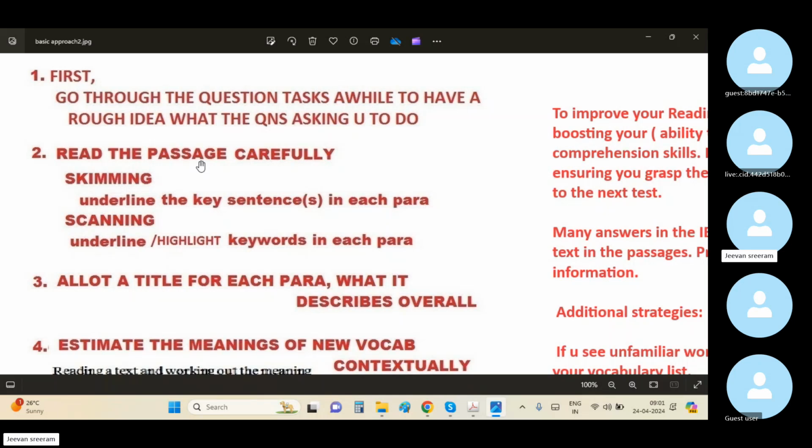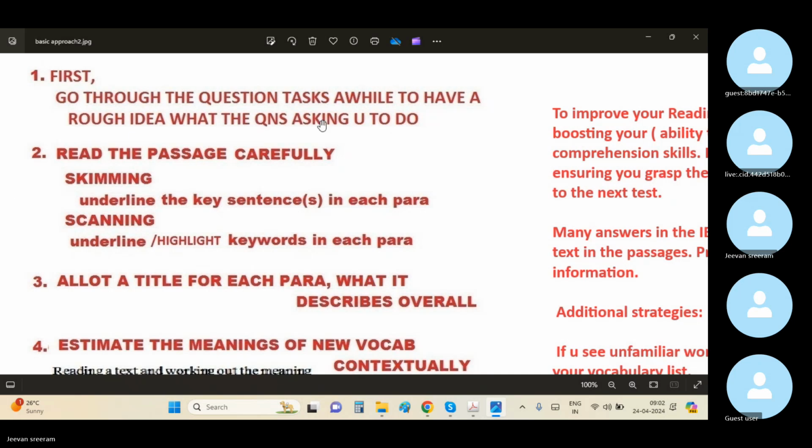It is actually checking through the questions, underlining the keywords from each of the question types. Have a rough idea what each of the question types is asking you to do.